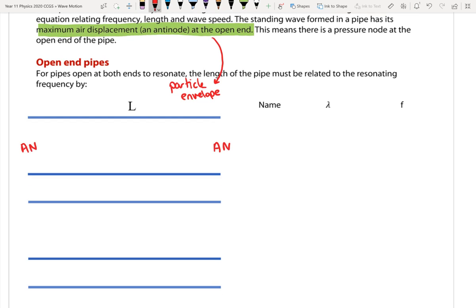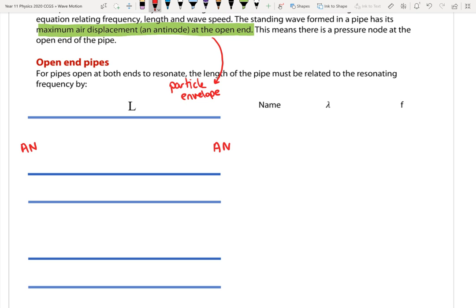Now, when we're talking particles, we're talking about how far they can move. It's very similar to the string. When we had an antinode in the middle, the string was moving at its maximum displacement. We had a node at the end of the string. So maybe our particle envelope of the open pipe is kind of the opposite to the particle envelope of a string.